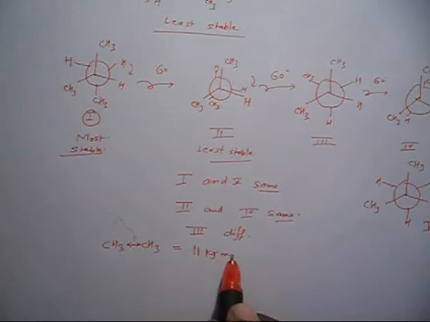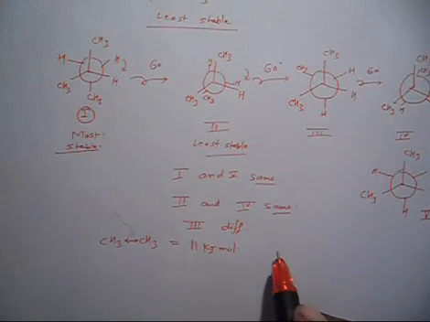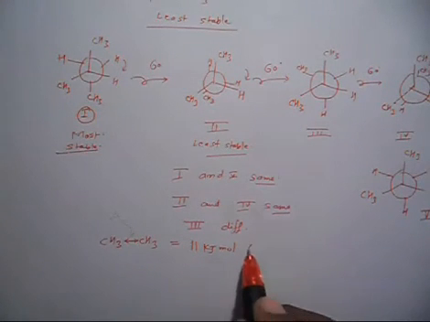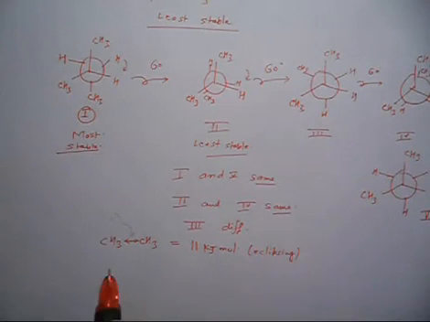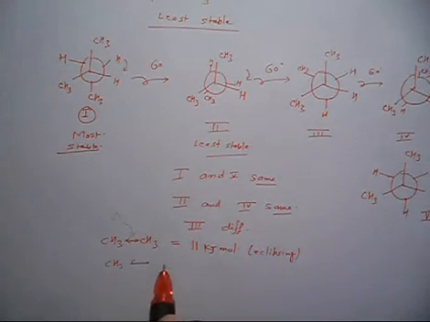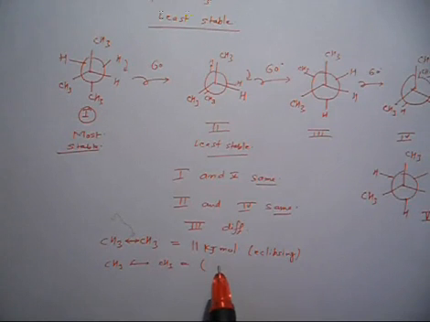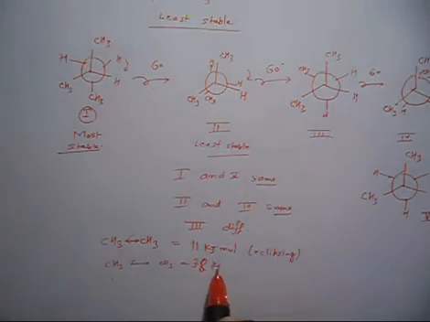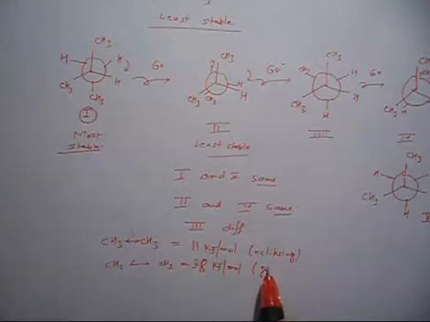Also given is the CH3 repulsion when they are Gauche to each other. This value is 3.8 kilojoule per mole.